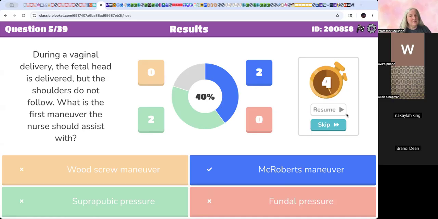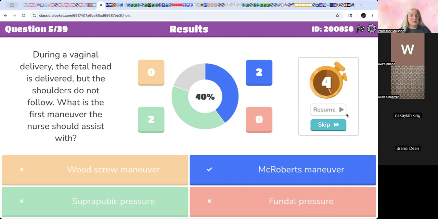You said when you call for help. Yes, as soon as I see turtle sign and I start McRoberts and don't immediately see that shoulder release, I'm pulling my light, because we're going to need extra hands.